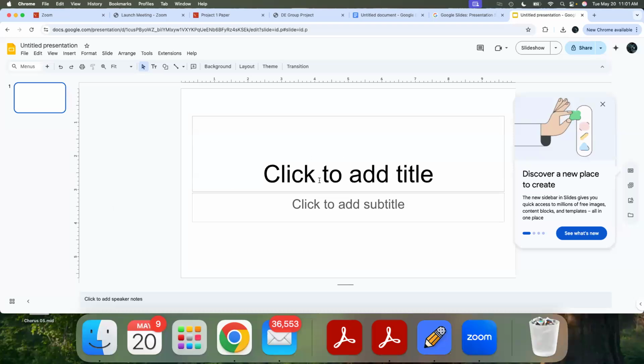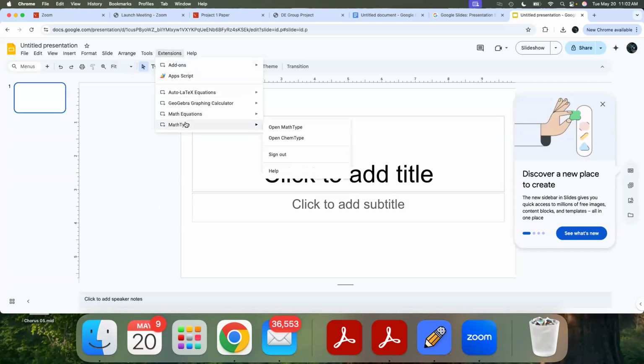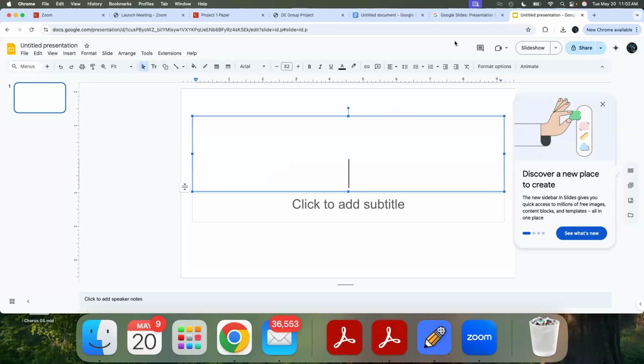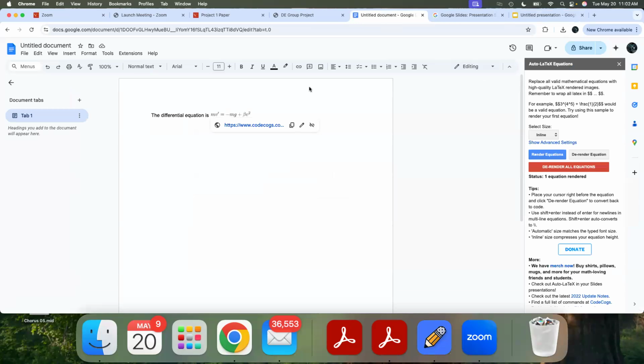Now, you can type math here in Google Slides. It's possible. There are even extensions. I don't use this one. I forget which extension I use. I think I use this. But I find it more trouble than it's worth. We've already typed out all of our math over here. Just copy it over.